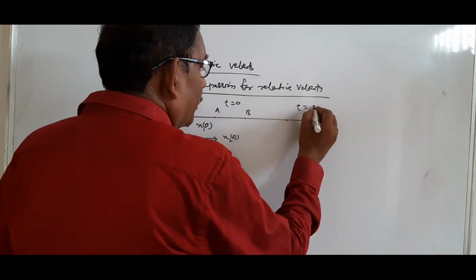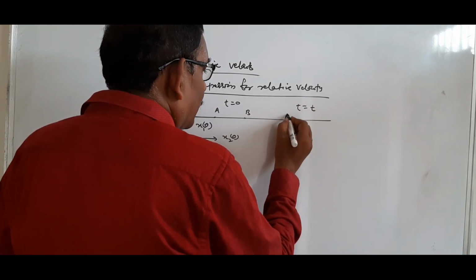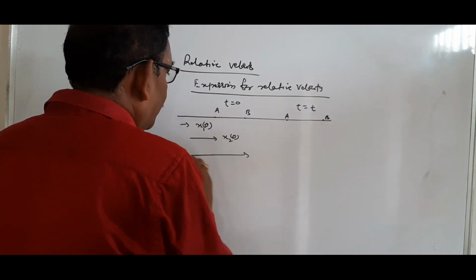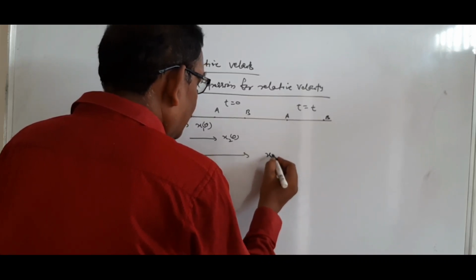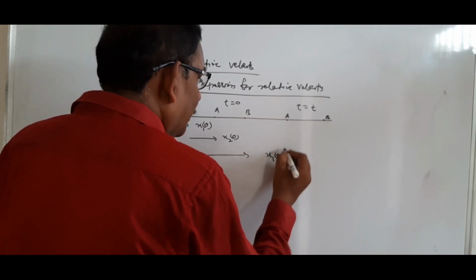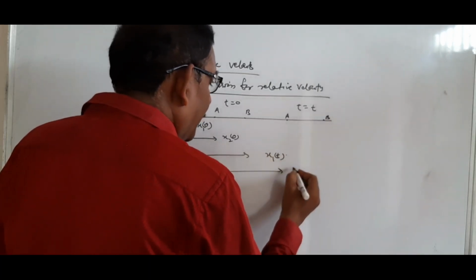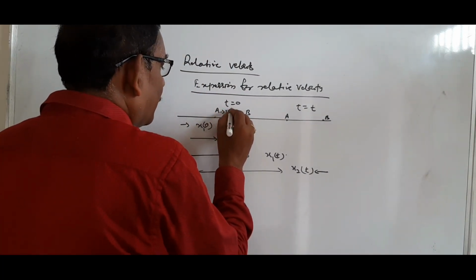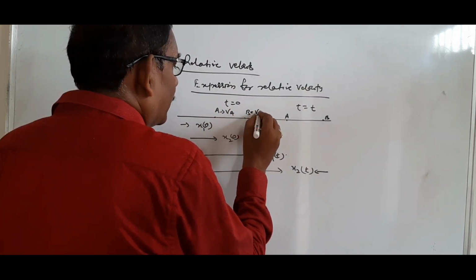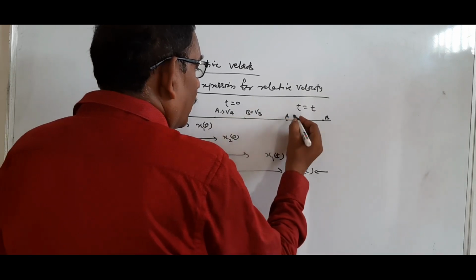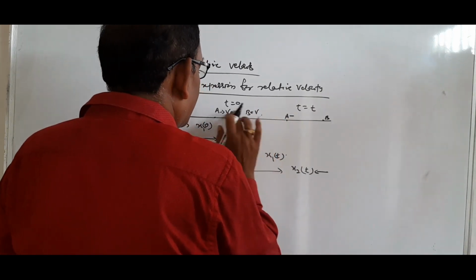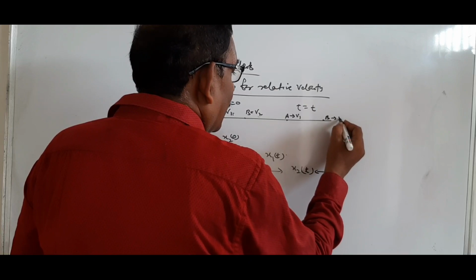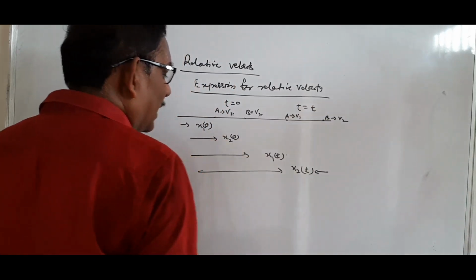Similarly, when t is equal to t, the displacement of body A is x1t and the displacement of body B is x2t. Clear? Here they move with velocities v1 and v2. This is the velocity after t seconds.